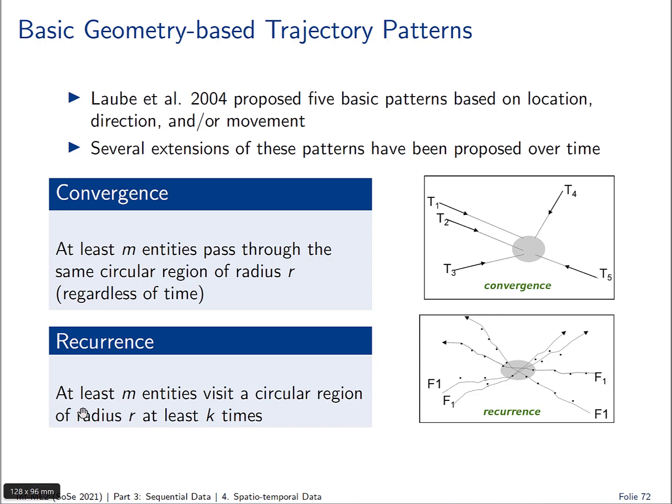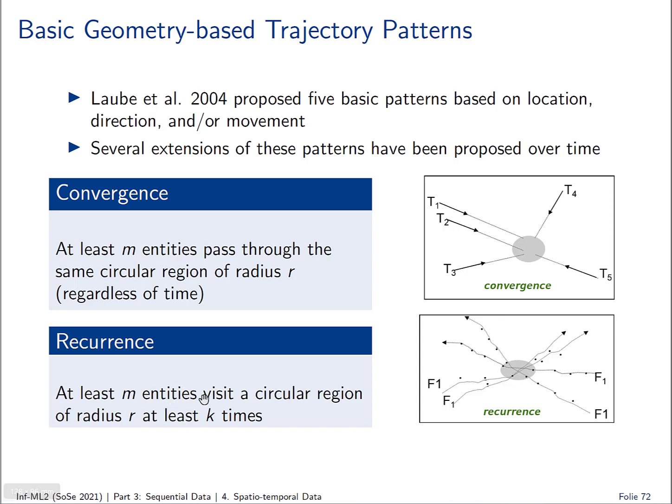Reoccurrence is that at least m entities visit a circular region of radius r, again at least k times. Yeah, so it's convergence that reoccurs. So these trajectories visit the particular region at least k times. Those k time slots can be subsequent time slots, but can also be non-subsequent time slots.